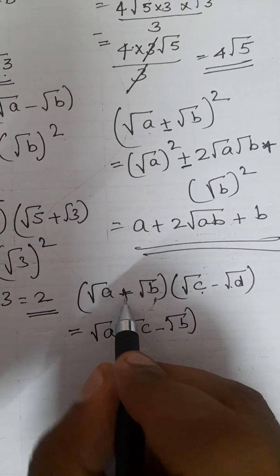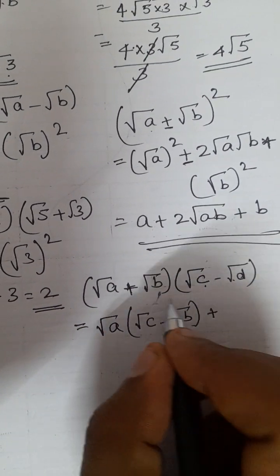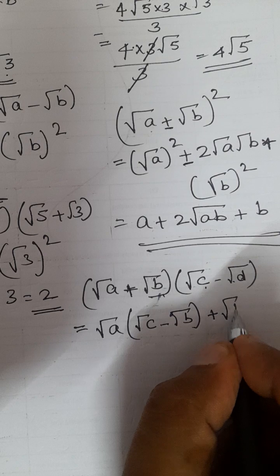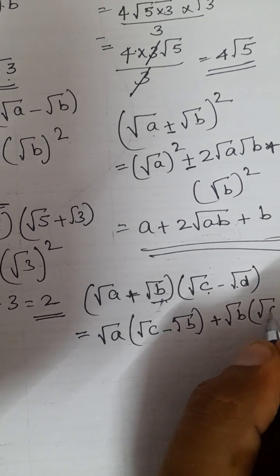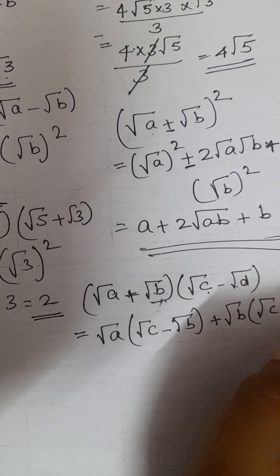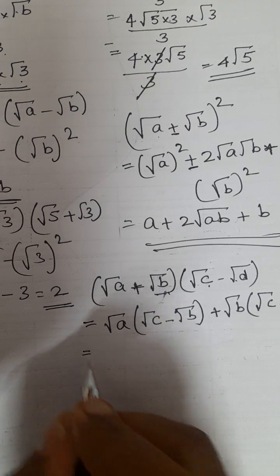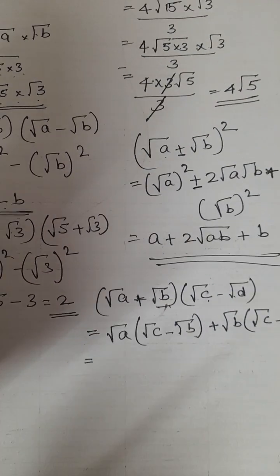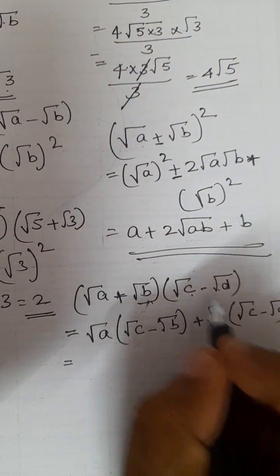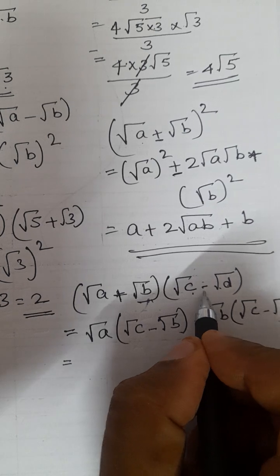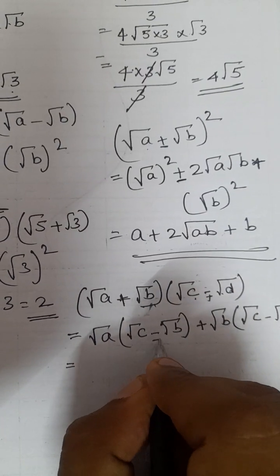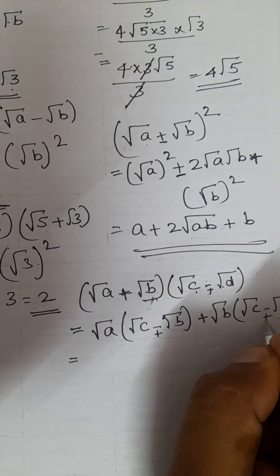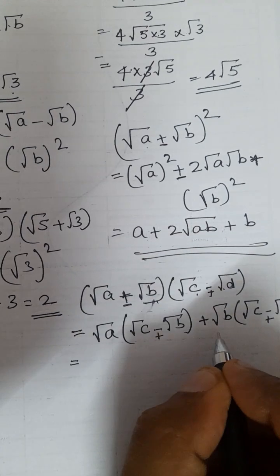This plus will come out, plus now you are going to take root b into root c minus root d. If it is plus, this will also become plus. And if this is minus, this will become minus.